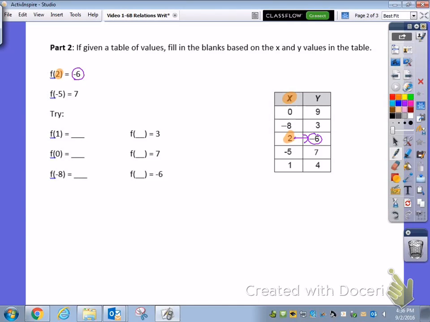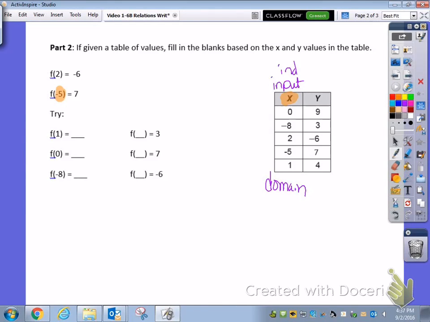Okay, let's look at the next one. So I'm going to clear this off. Let's say that my input value is a -5. So I go to my x column. Remember, my x column is my input. This is my independent. The other word for that is my domain. Okay?